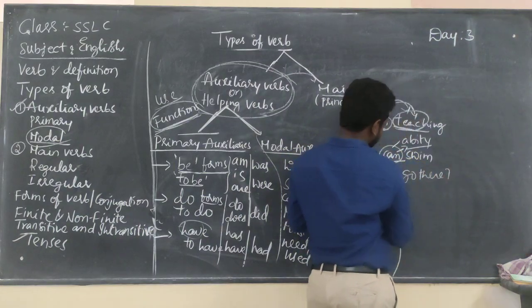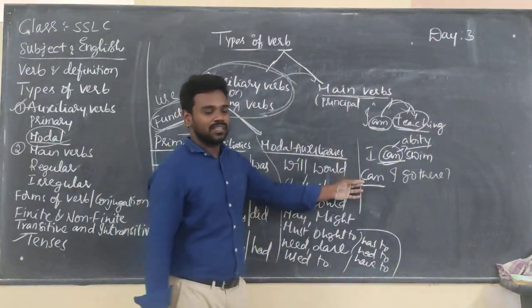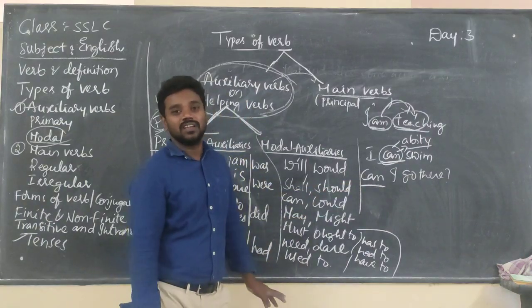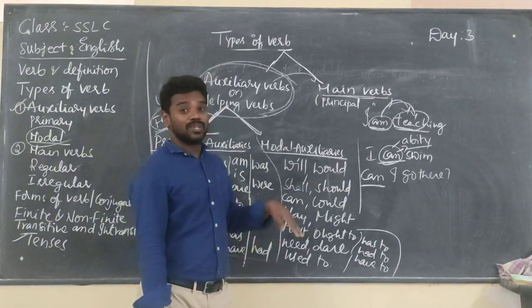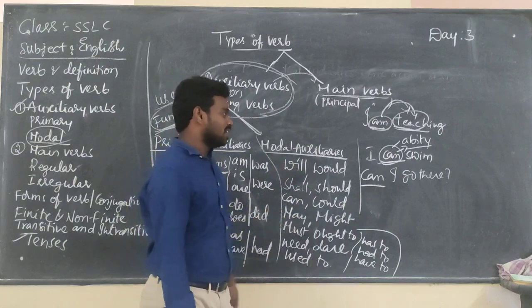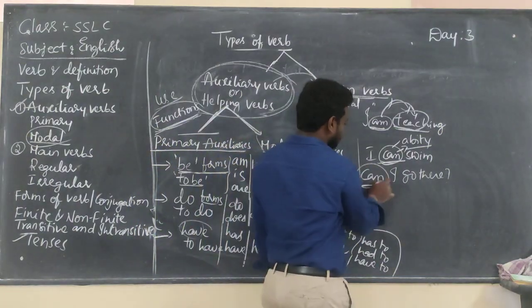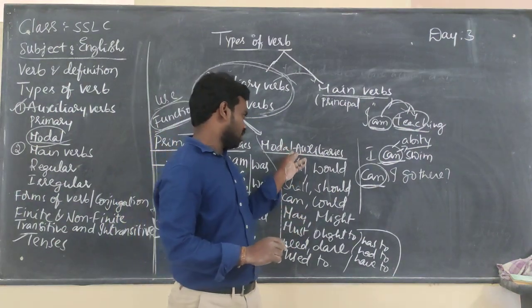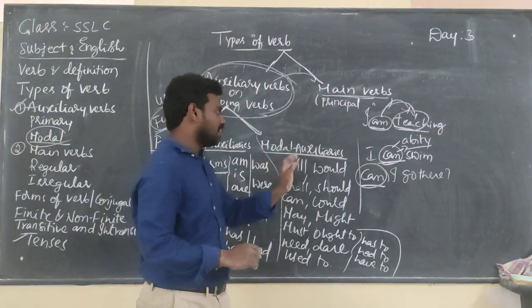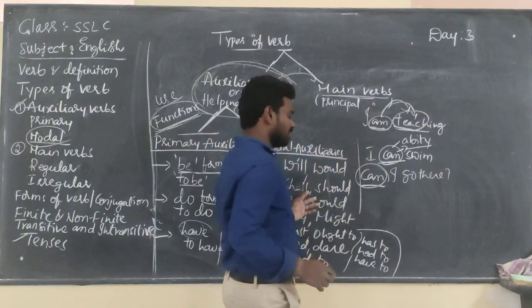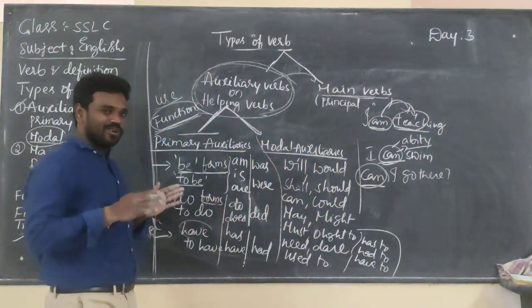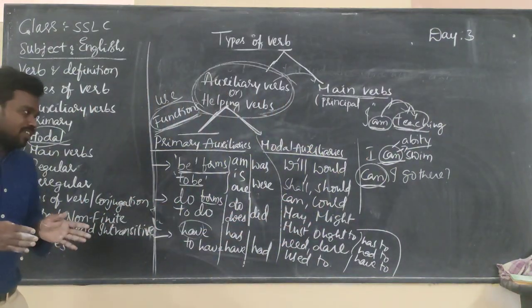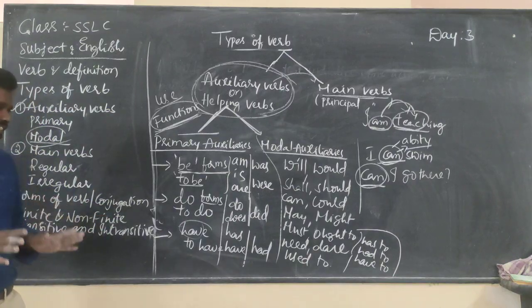Here can talks about permission. I am asking permission. May I go there? Asking permission. When I teach you language functions, I teach you these modal auxiliaries. It's a separate chapter.